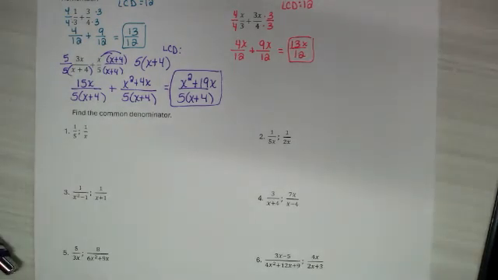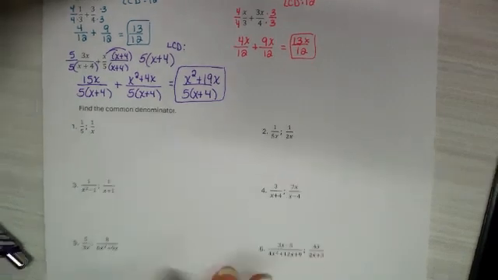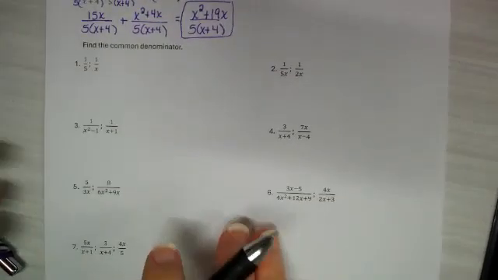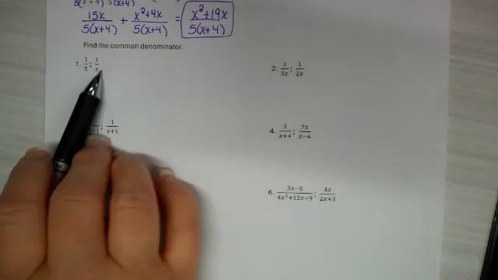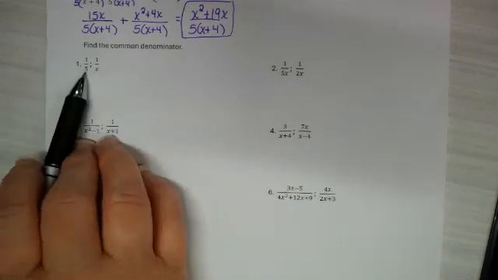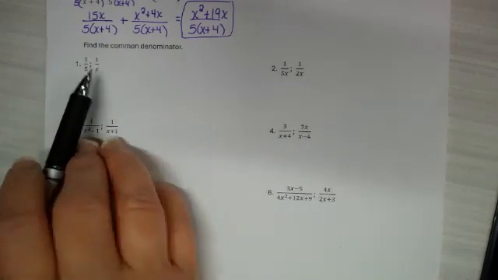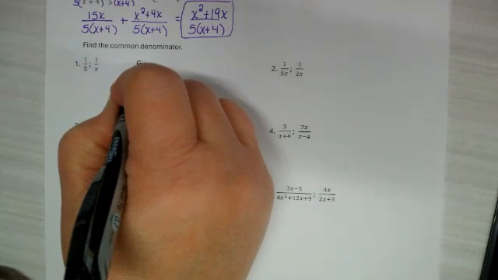So in our next few questions, it's just about finding the common denominator. And I may go a little bit further than that just for practice, but let's take a look. On my first one, I've got a 5 and an x. I think my common denominator is just going to be 5x.